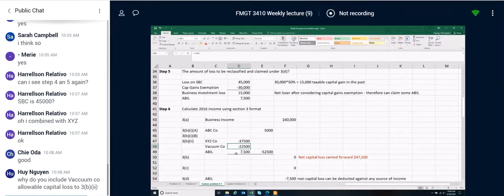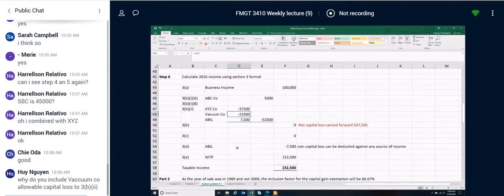ABLE says, let's let you reclassify this loss. So in other words, normally it's a capital loss. Can you reclassify or recharacterize this as an amount deductible under 3D? In this case, you cannot reclassify everything. You can only reclassify a portion. The net still stays in 3B2 little i as an allowable capital loss.